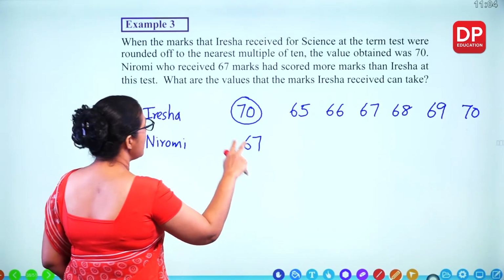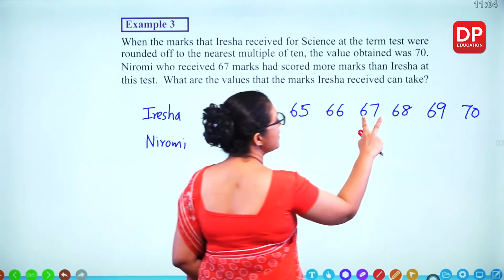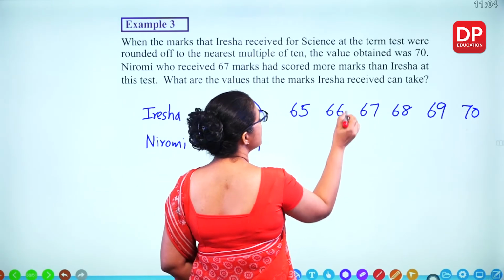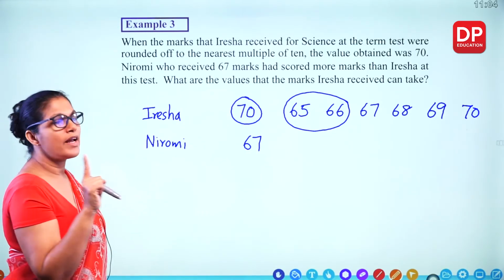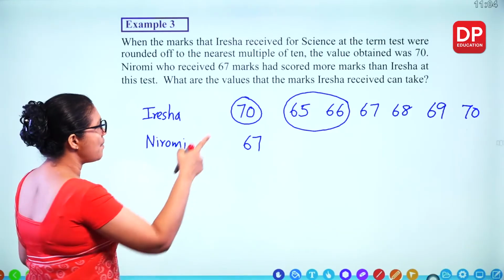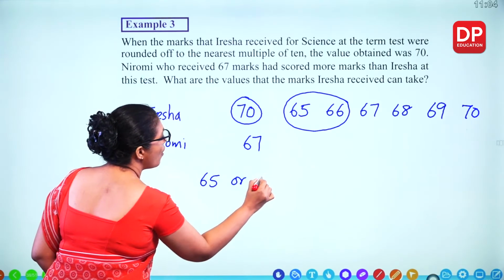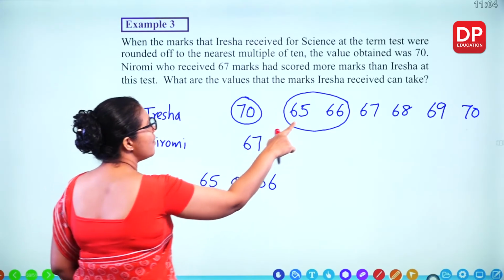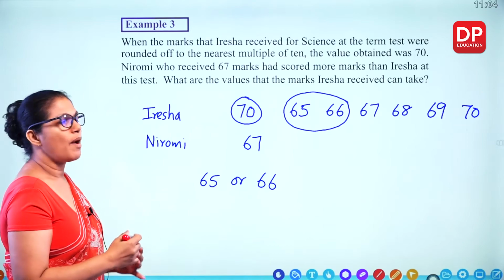But it says Erasure's marks are lower than 67. Lower than 67 means what are the possible marks for Erasure? That can be either 65 or 66. Then only you can get 70 as the rounded value.